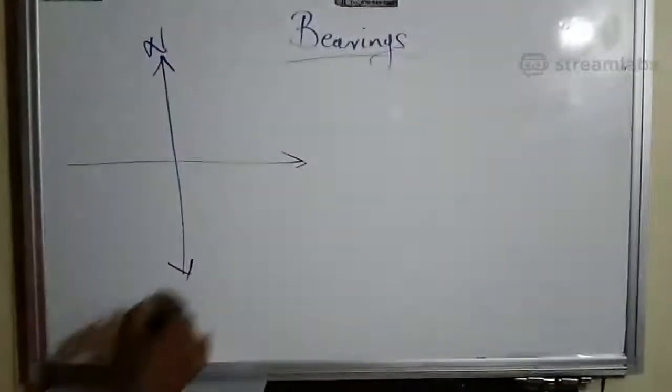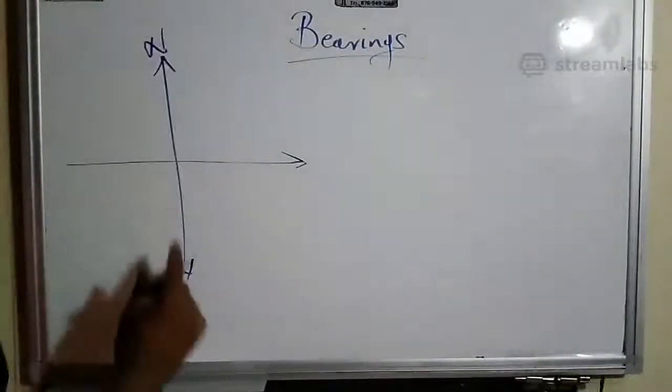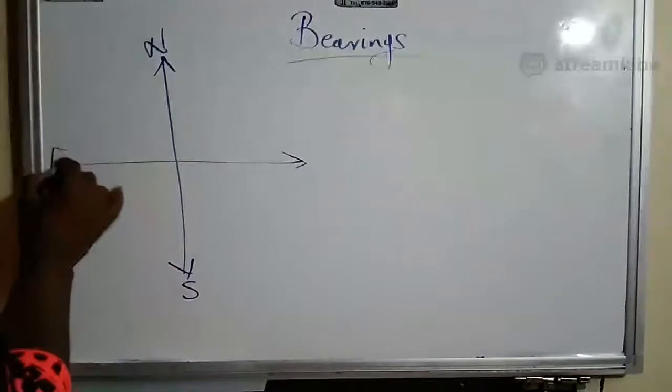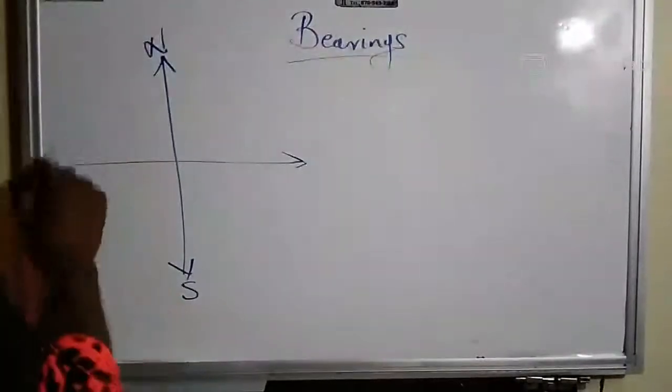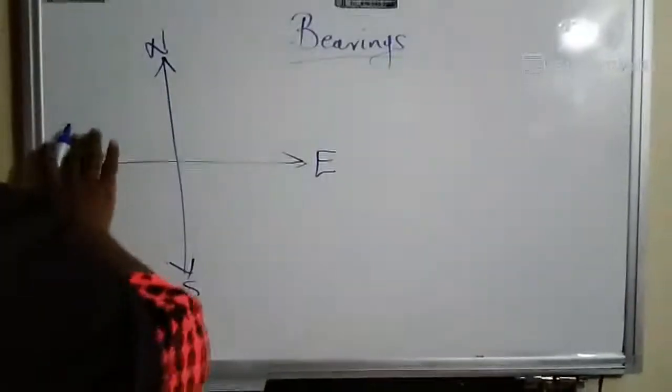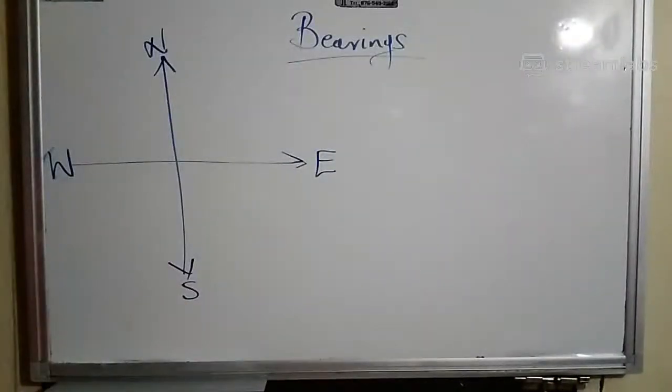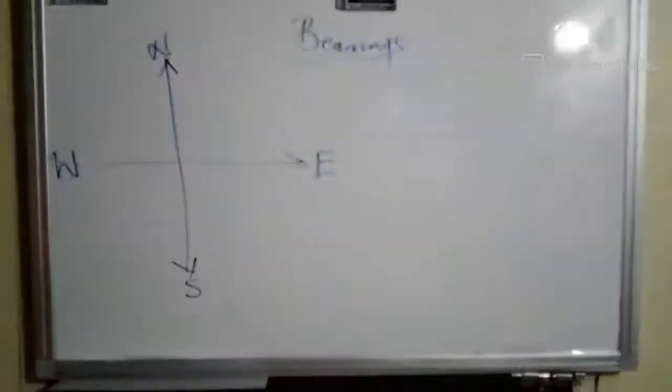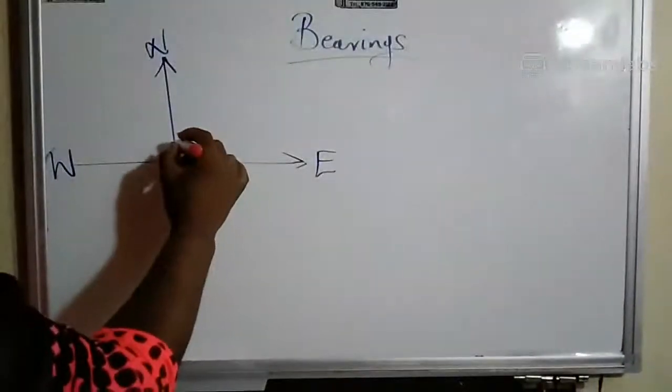So this will be north, south, west, and east, right? So let us discuss this. From right here to right here will be 90 degrees.